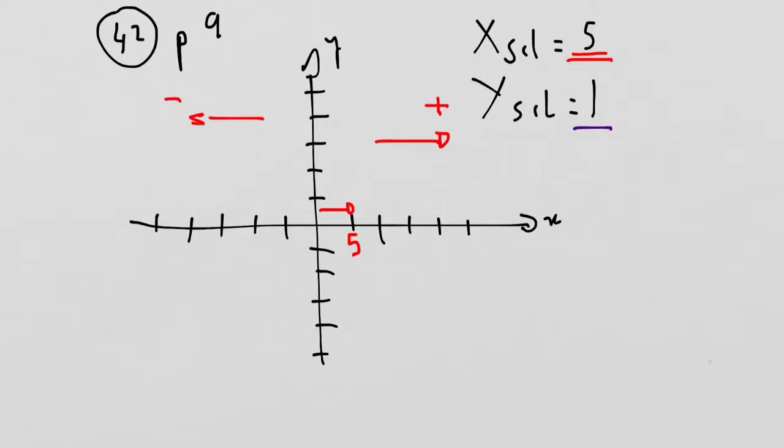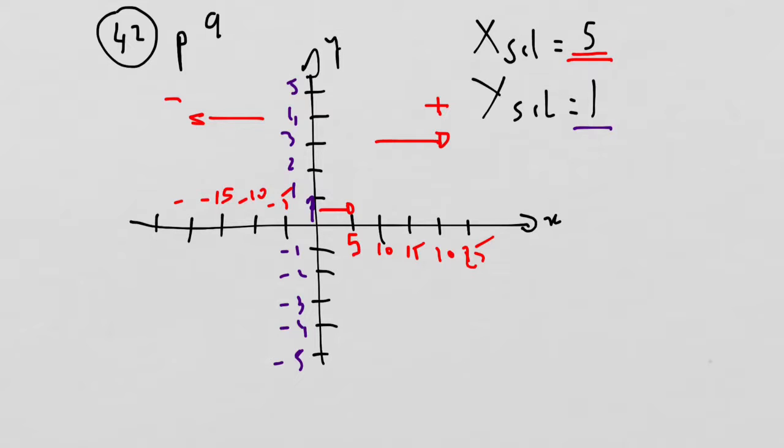So this is 1, 2, 3, 4, 5, and minus 1, minus 2, minus 3, minus 4, and minus 5. For x you have 10, 15, 20, 25, and minus 5, minus 10, minus 15, minus 20, minus 25.